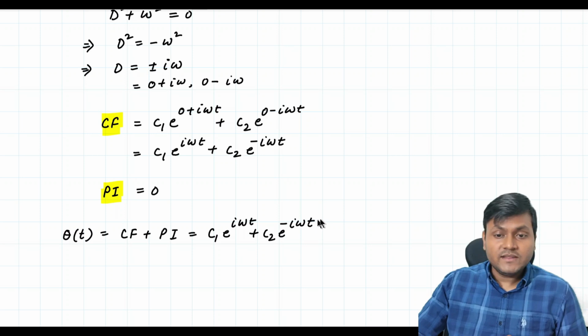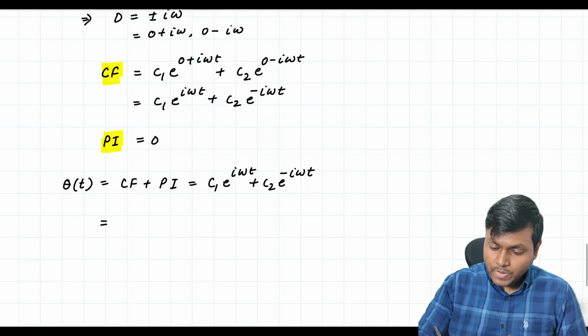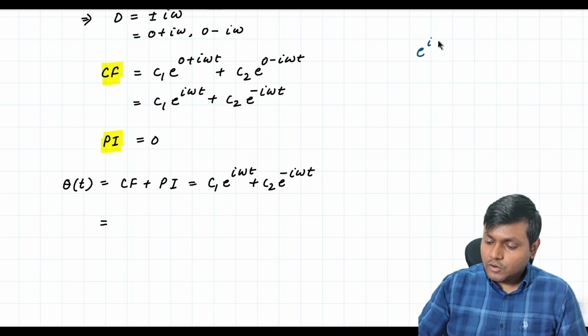I can simplify this by writing the expressions in terms of sines and cosines. Now you may already know that the exponential e to the power I theta can simply be written as cos theta plus I sine theta.